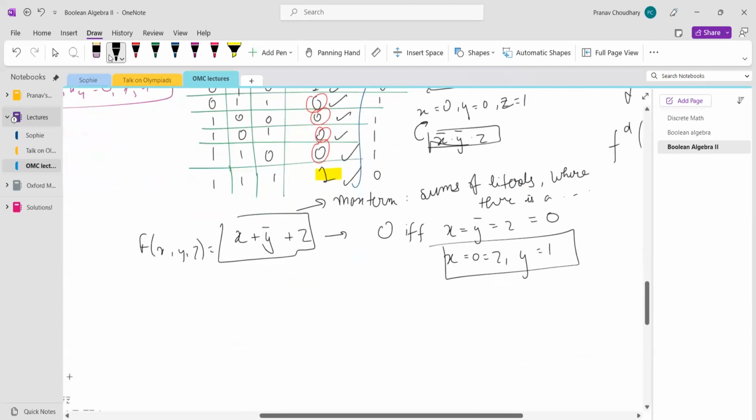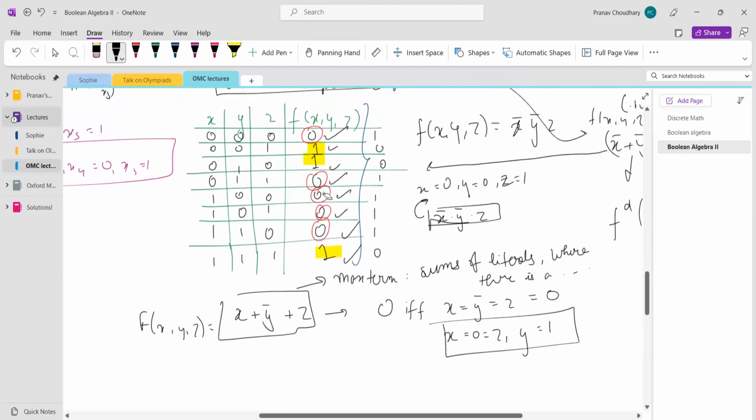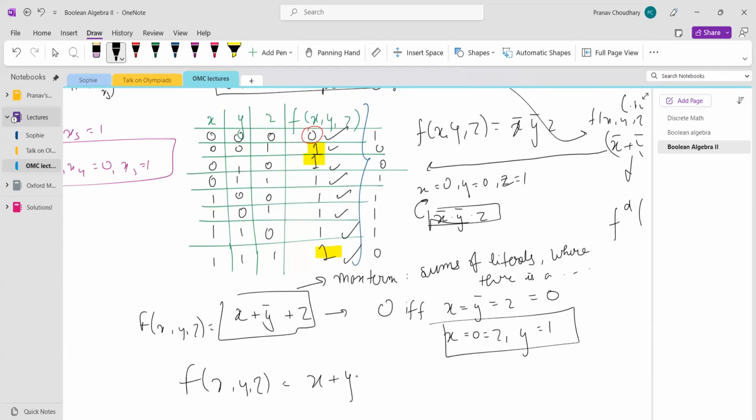Consider this function for now. How can I write it in conjunctive normal form? I can just take f of x, y, z as x plus y plus z, right? And suppose there is a 0 here.